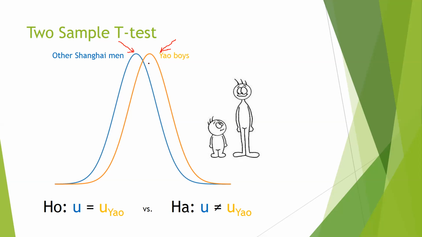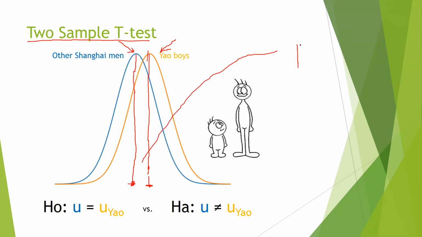If you compare these two distributions, there will be some difference. If we perform a statistical test, for example, a two-sample t-test, to compare the difference between these two populations, and the test gives you a very small p-value, what does that mean?